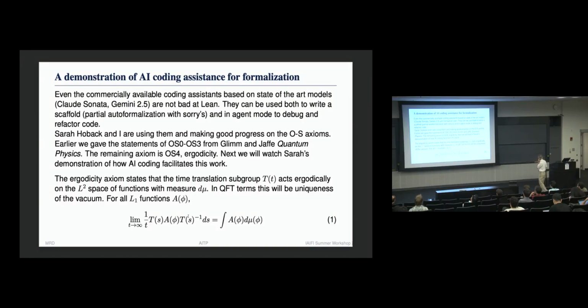So I'm about to put on a video of Sarah doing this last axiom of ergodicity, which I left off of the previous list. Physically, in quantum field theory terms, this is related to uniqueness of the vacuum and also cluster decomposition. We relate an expectation value under the measure to the integral over time evolution of the operator, equivalently saying there's only one time-invariant function in L2 of this measure.